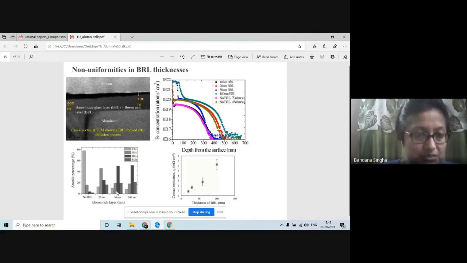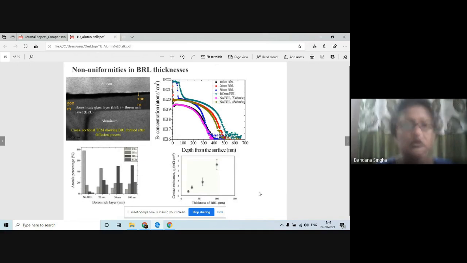XPS analysis was used to determine the concentration, and we could see that with increasing thickness of the boron rich layer, the amount of oxide in the boron oxide complexes will decrease gradually, but the boron concentration will increase.